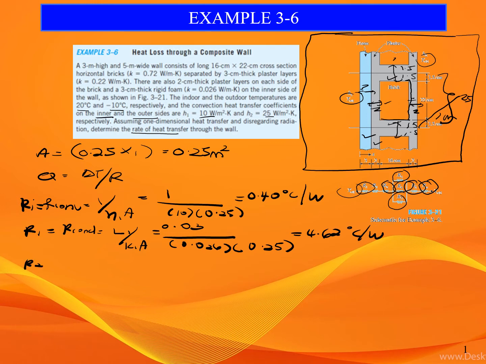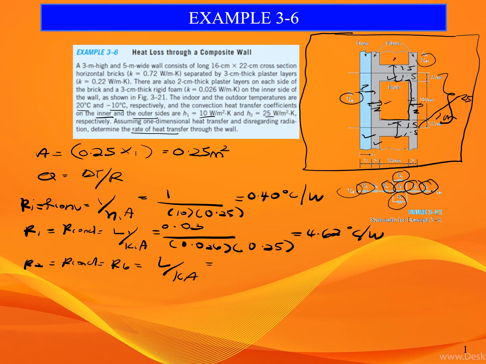R2 is conduction also. R2 and R6 are the same, so you can set R2 equal to R conduction and also equal to R6. We use L over KA.